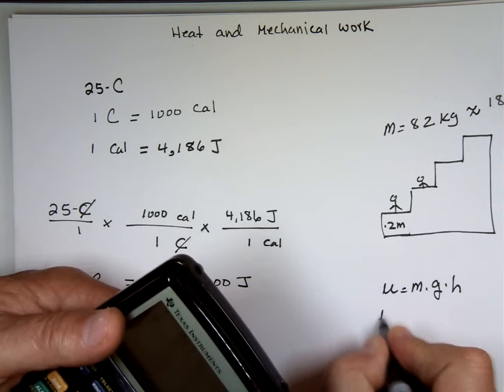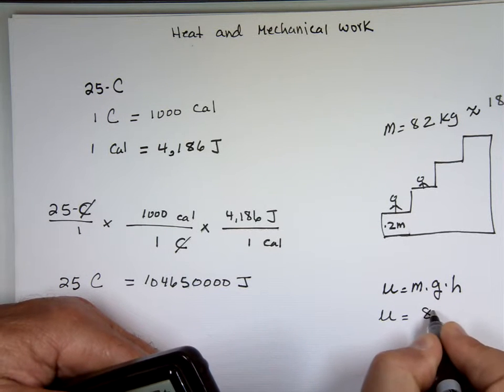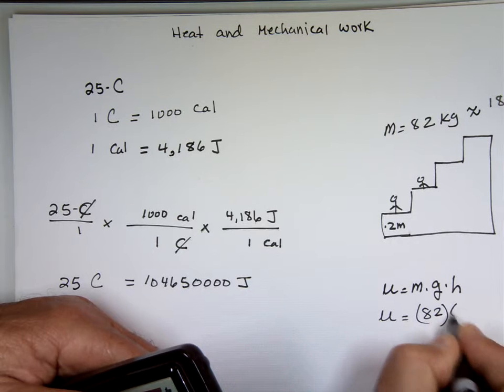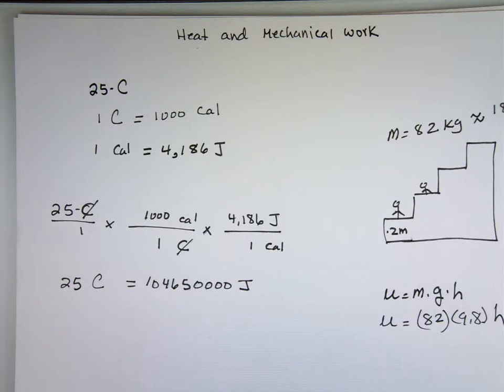Well, potential energy is equal to mass, which is 82, gravity 9.8, times the height which is h. And you want these numbers to equal to each other. So set the two numbers equal to each other.